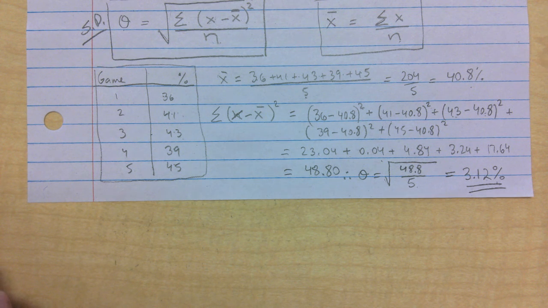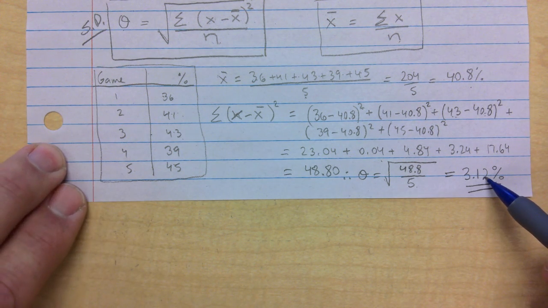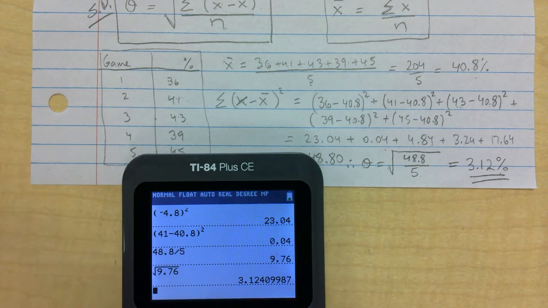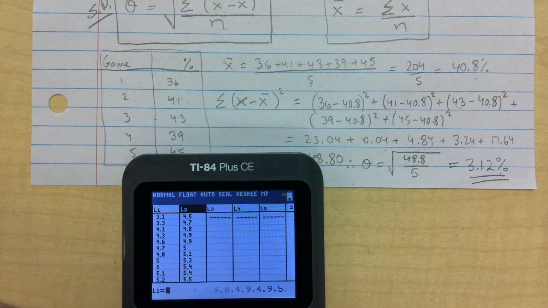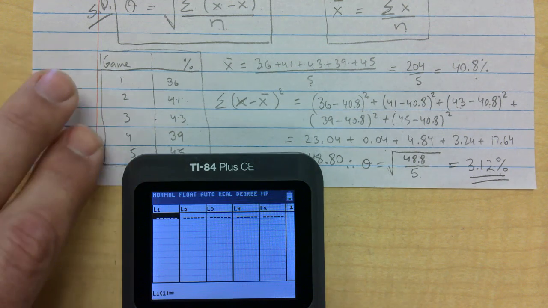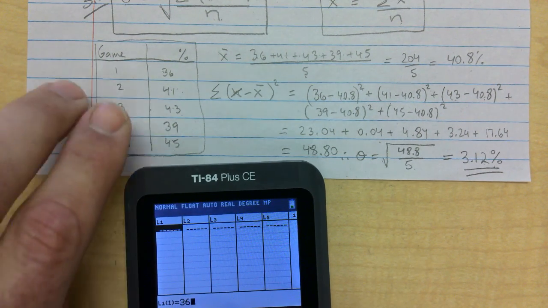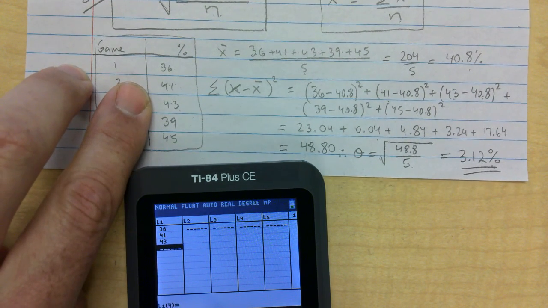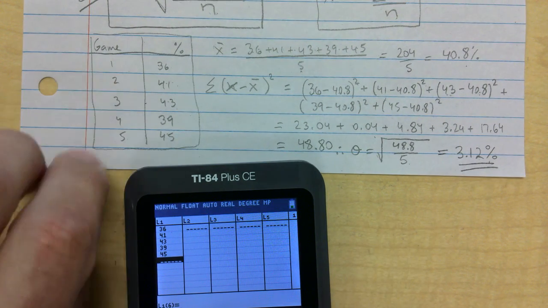Okay, now I'm going to show you how to get this a lot quicker. Take your calculator, go stat, edit, and let's clear what is in L1 and L2. And we want to find the average of this, right? So we go 36, 41, 43, 39, 45. 5 values entered.